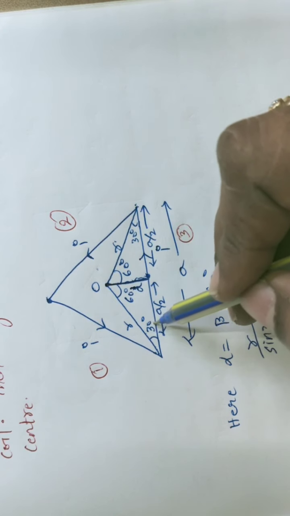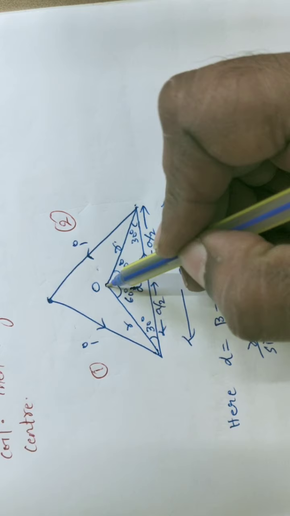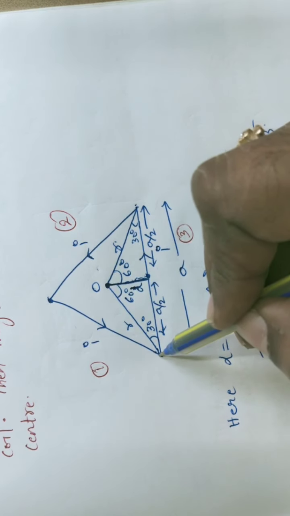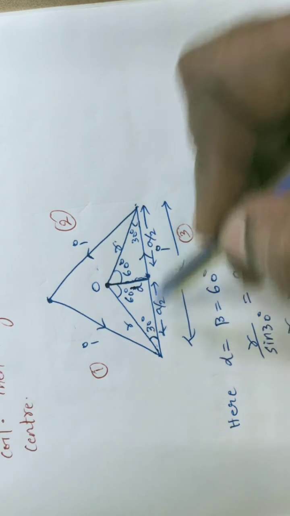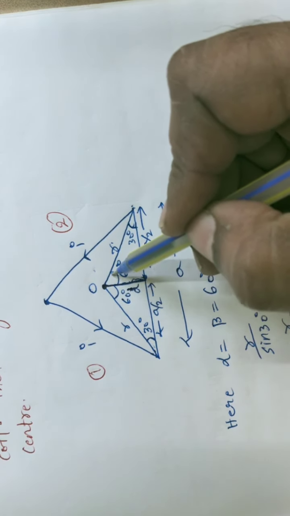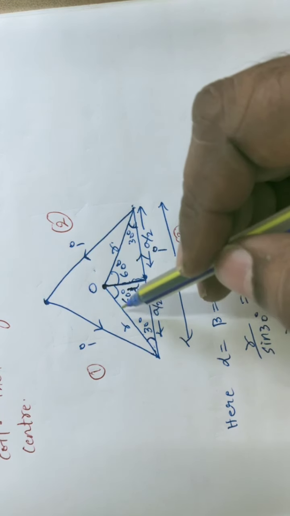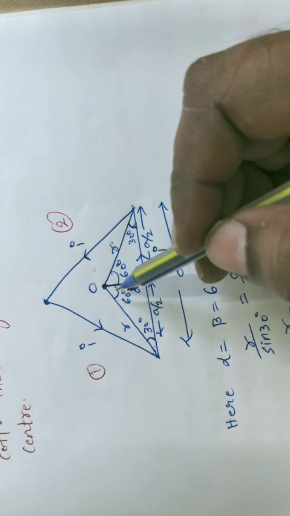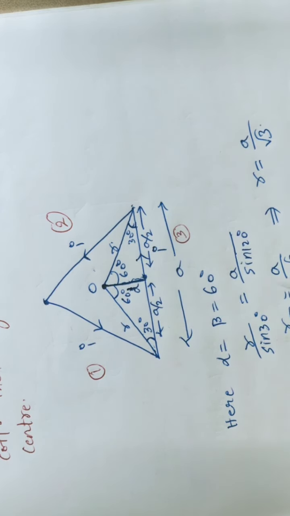Totally 60 degrees is present at each corner. Here is one line passing through the centroid from one of the vertices. This line makes 30 degrees here, similarly here also 30 degrees. Based on triangle concepts, the total angle here is 120 degrees, and that 120 degrees we resolve into 60 degrees plus 60 degrees like this.